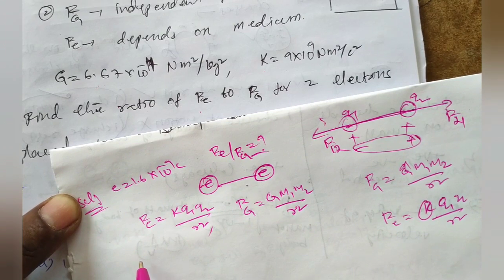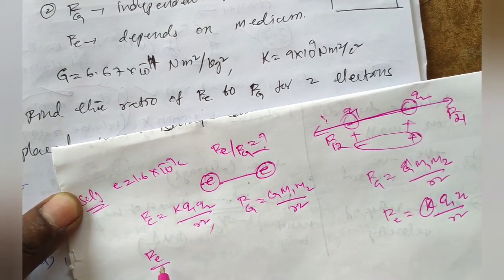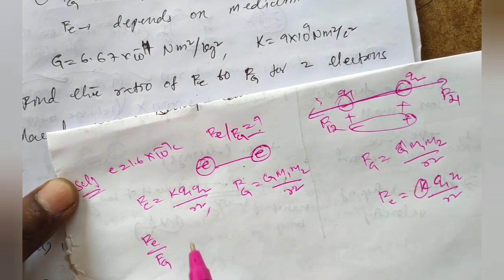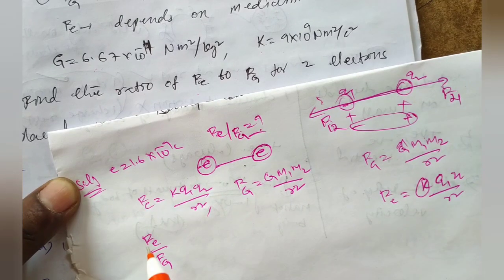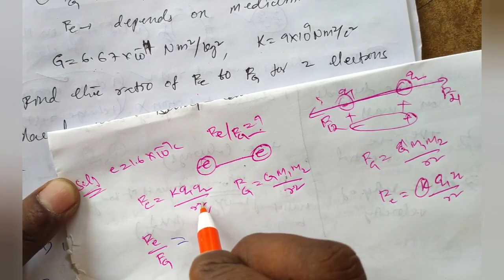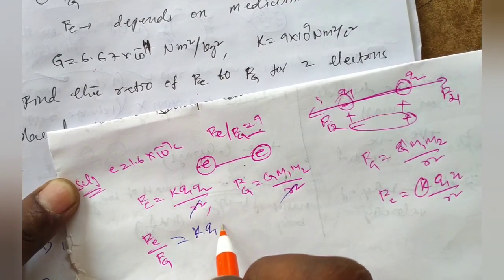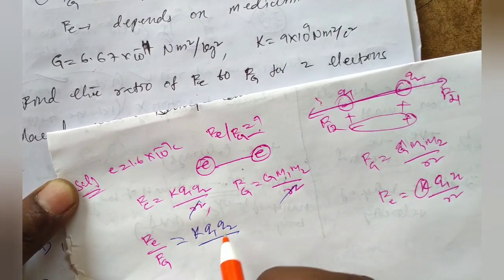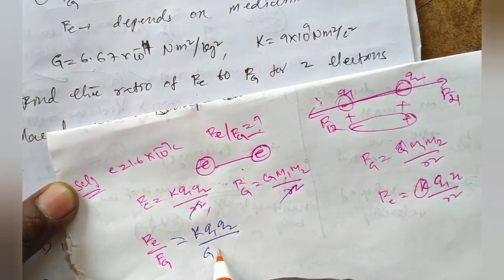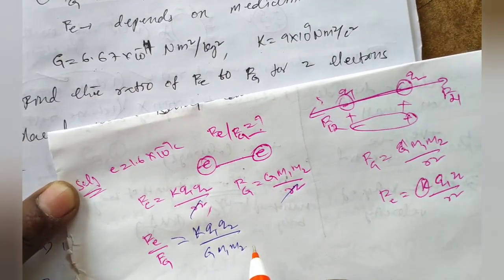The ratio Fe by Fg, where r cancels, is k q1 q2 by G m1 m2.